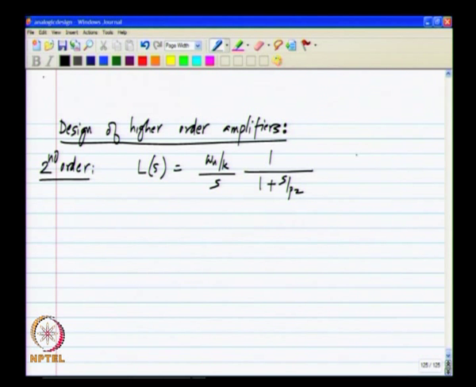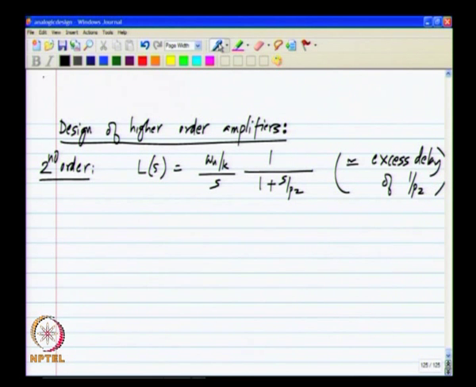We have also seen that this is approximately like having an excess delay of 1 by P2, meaning if you had only the integrator, the step response of the loop gain would be a ramp of slope omega u by k. If you have an extra pole, you will still get a ramp of the same slope, but it will be delayed with respect to the original one by an amount 1 by P2 approximately.